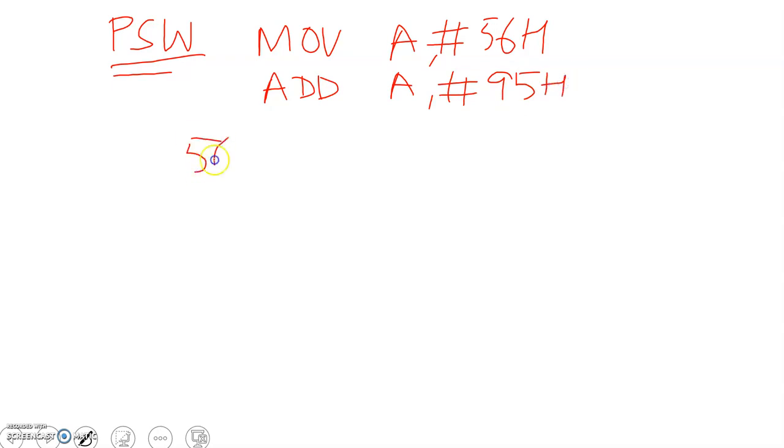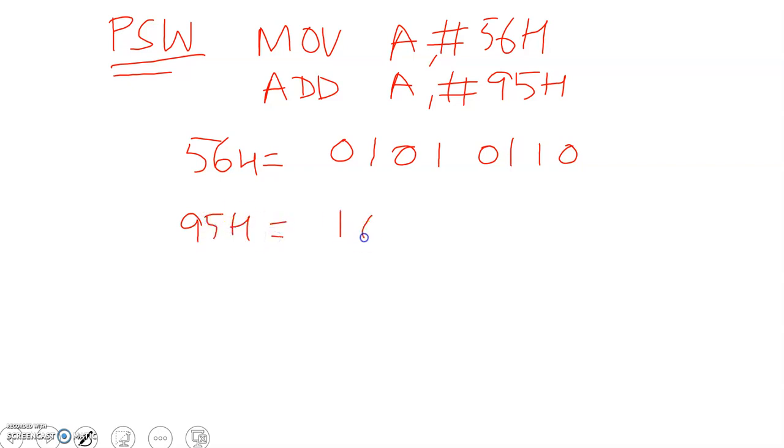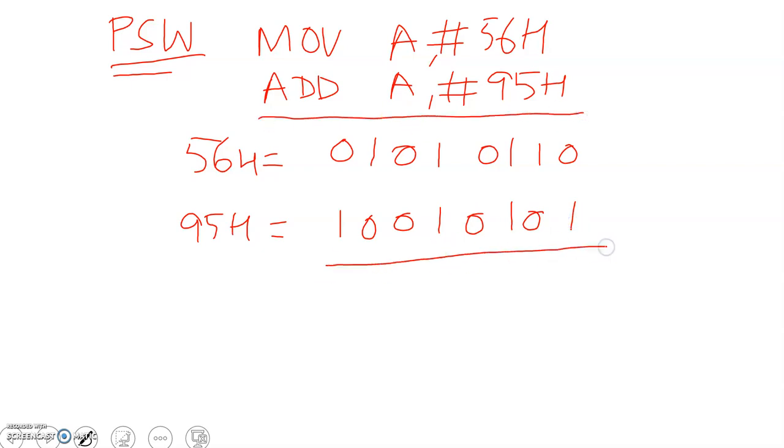So 56h in binary, if I write it down, is 0101 0110, and 95h is equal to 1001 0101. So basically, after this instruction, these two numbers have to be added, and the result is stored in A.